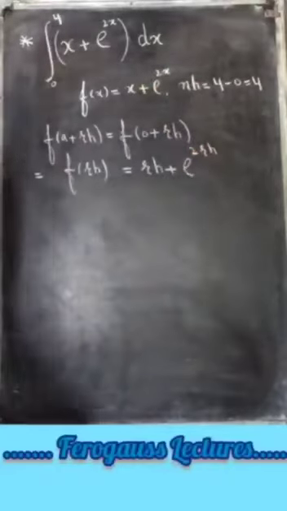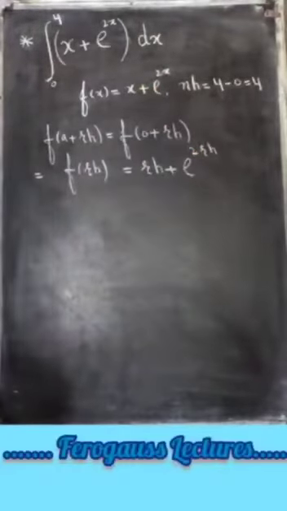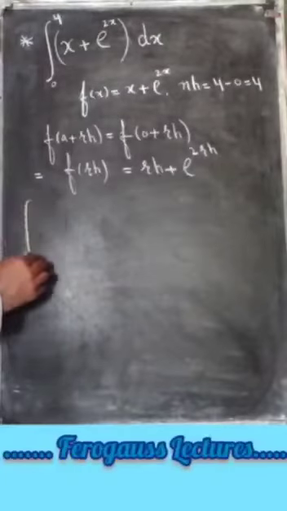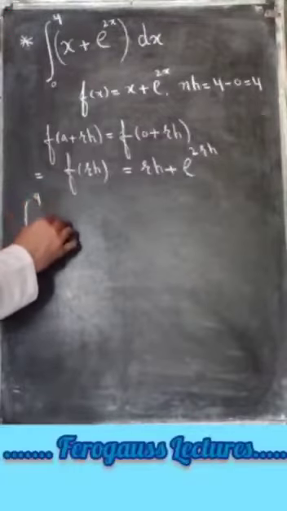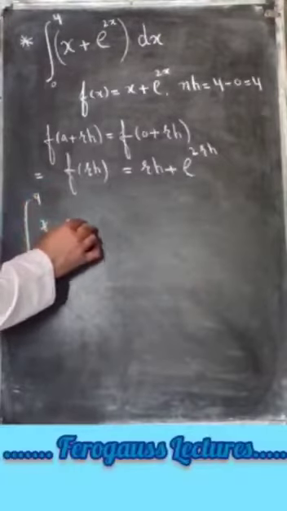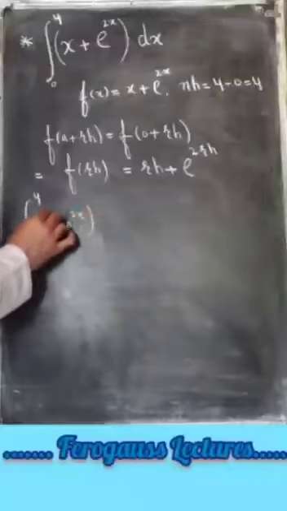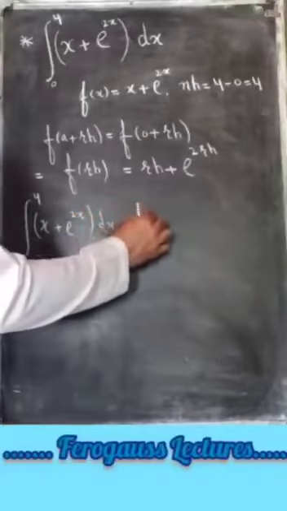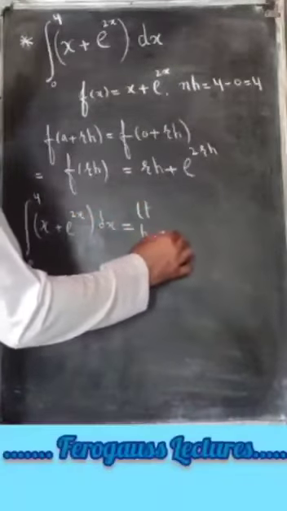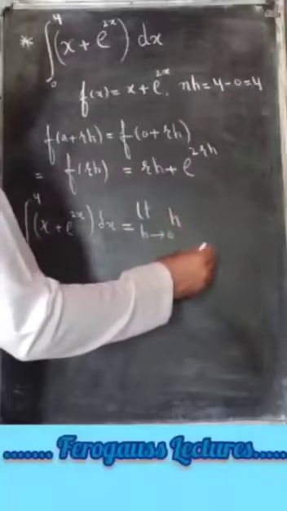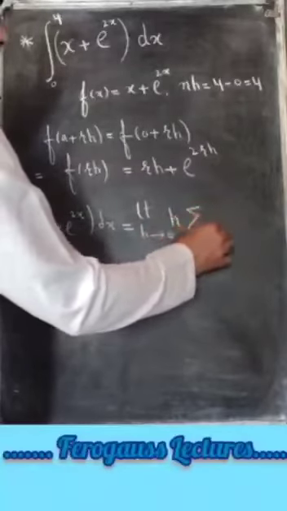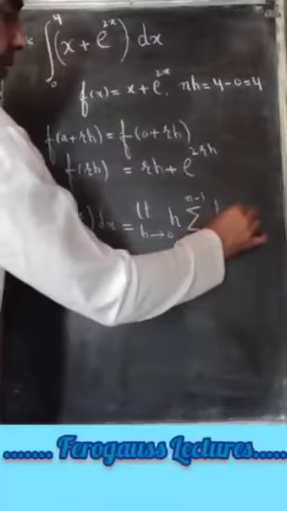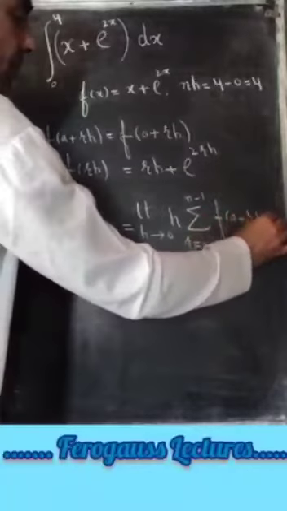Now from the definition of definite integrals as the limit of a sum, we have the integral from 0 to 4 of (x + e^(2x)) dx equal to the limit as h tends to 0 of h times the summation, r running from 0 to n minus 1, of f(a + rh).